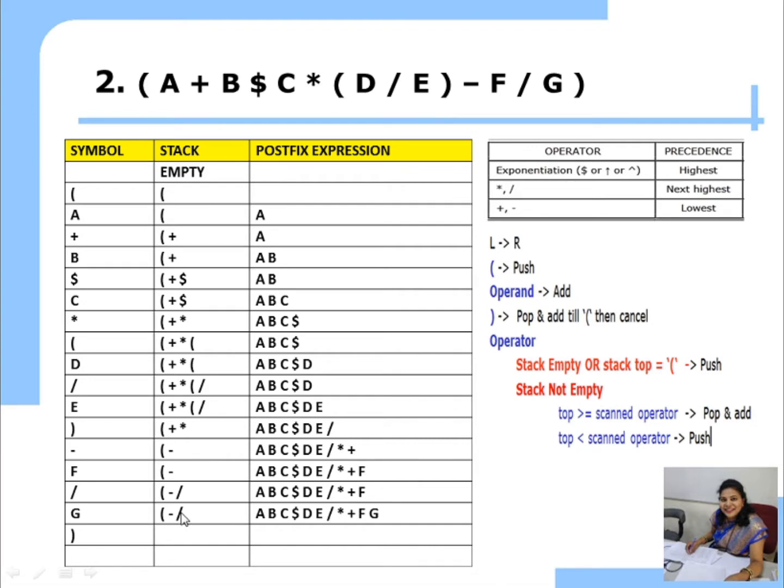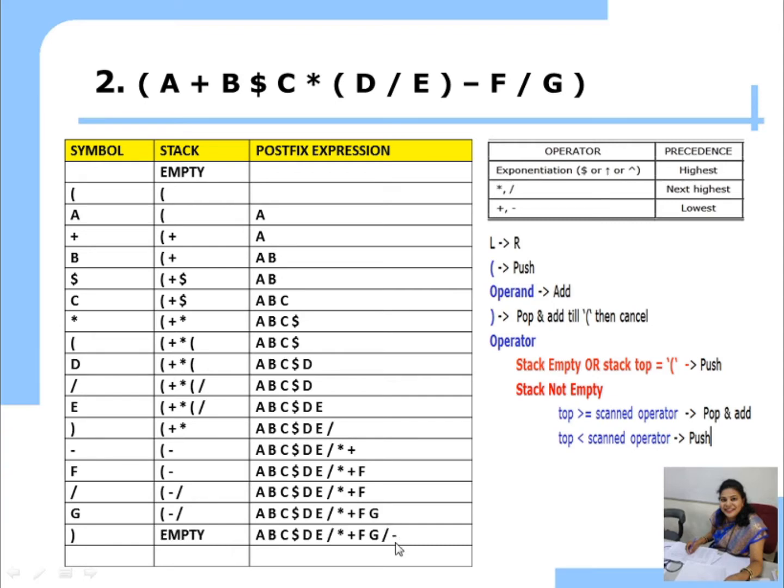So we first pop the division sign because it is at the top, and then the minus sign, and add them to the postfix. So your postfix string will be ABC dollar DE slash multiplication sign plus FG, then slash and then minus. After popping these two, we encounter the left parenthesis. We delete it. After deleting this, your stack will become empty.